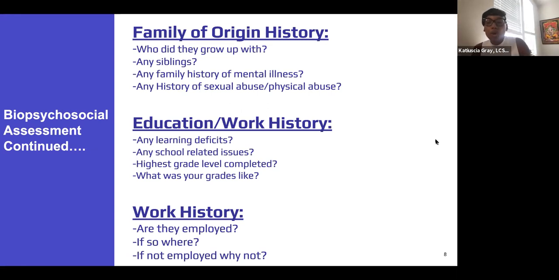So we need to know this information, and it's not about going into the gritty details. That is something you need to gauge with your patient. But we do need to know if it happened, and what happened a little bit, not too much. Does that make sense? You're going to have to gauge that.